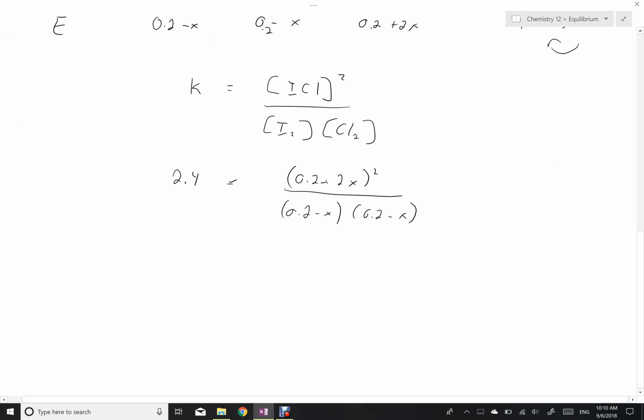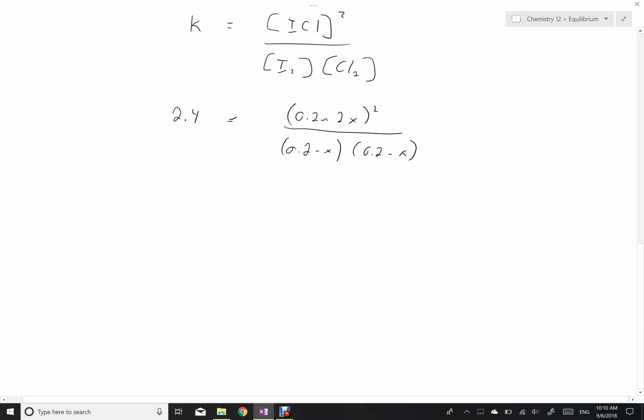Now maybe, especially if you watched the previous video, you're thinking, ooh, this is nice. This is one of those situations where I could square root both sides and solve this easily. And I could, but just for the sake of it, I'm going to go the long way here and multiply out these quadratics and see that that works as well. 2.4 equals 0.04 plus 0.2 times 2 would be 0.4, times 2 is 0.8x, plus 4x squared.